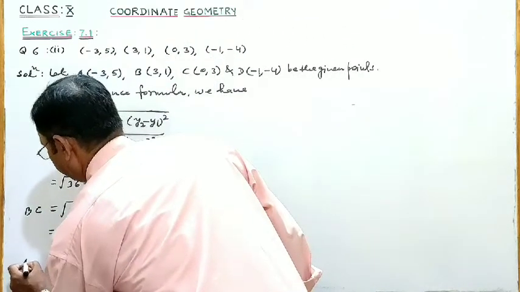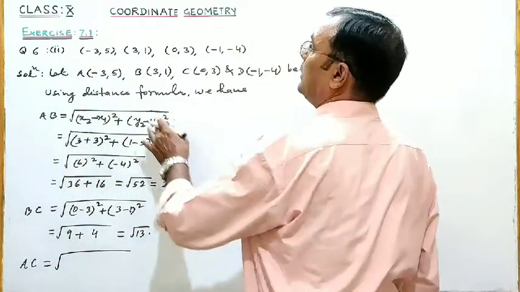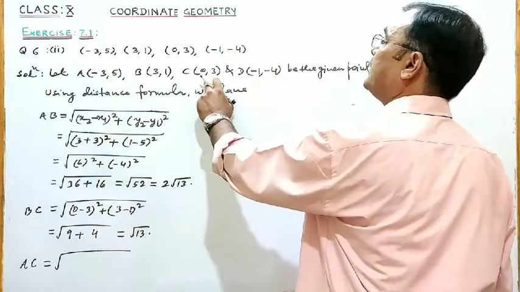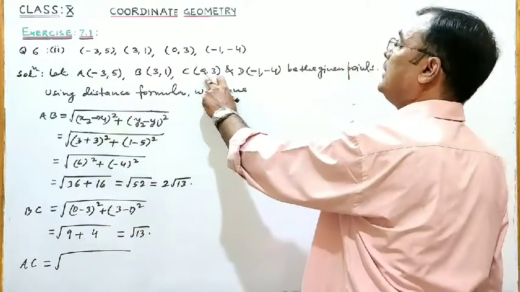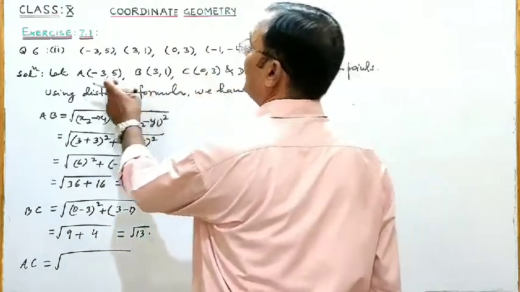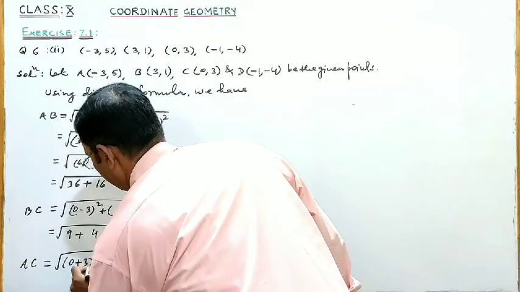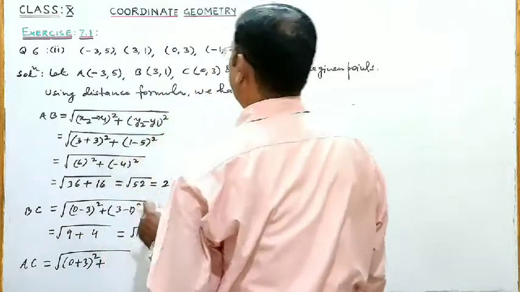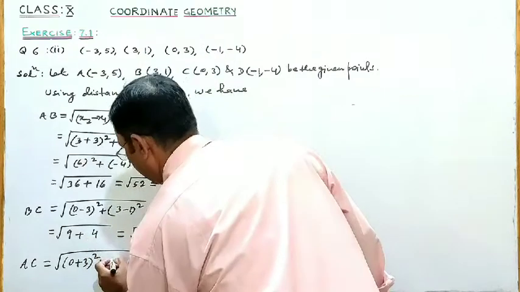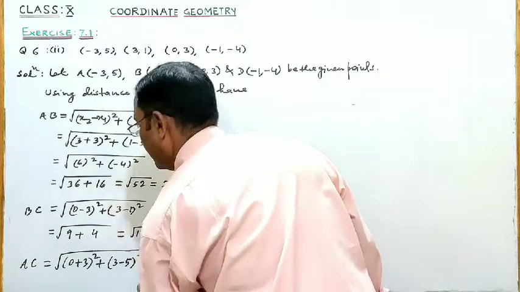Now AC, under root, coordinates of point A minus 3, 5 are x1 y1, coordinates of point C 0 comma 3 x2 y2. We have to find AC. So 0 minus minus 3, 0 plus 3 whole square plus y2 minus y1, 3 minus 5 whole square.